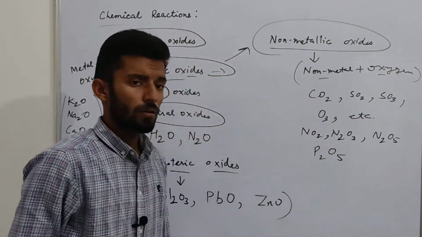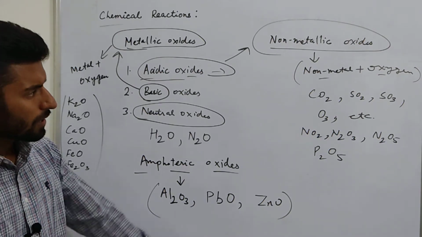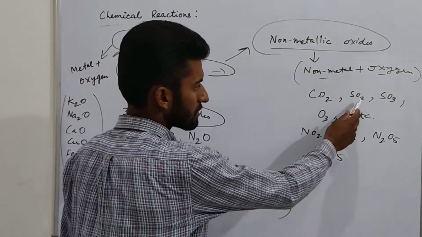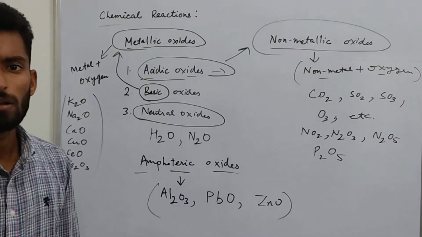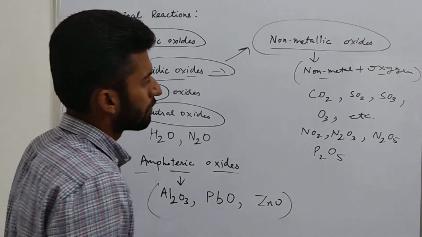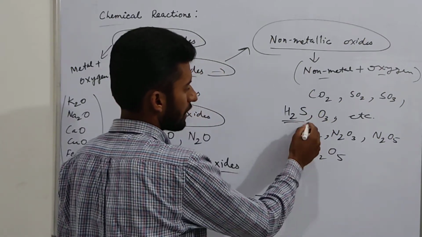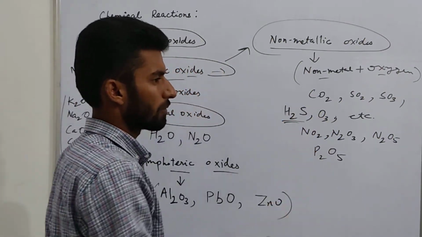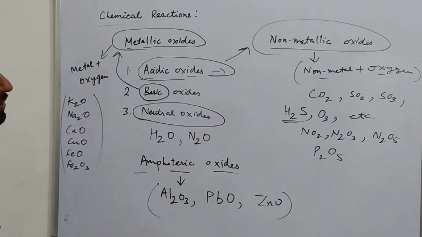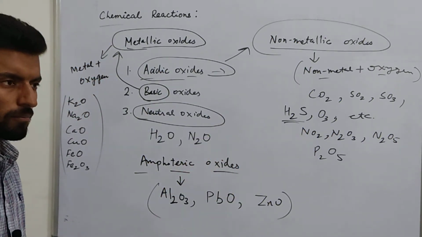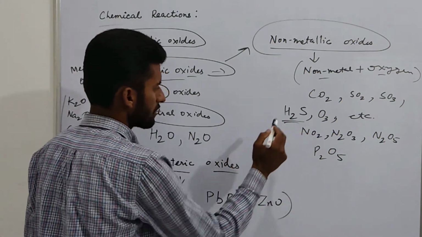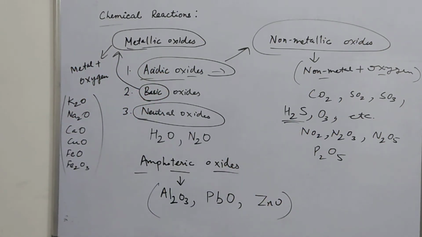When a metal sulfate reacts with a concentrated acid, sulfur dioxide is formed. When a metal sulfide reacts with an acid, H2S is formed. So different ways of preparing these are there, and you have to cover all of them.